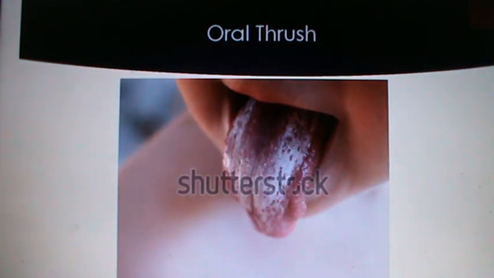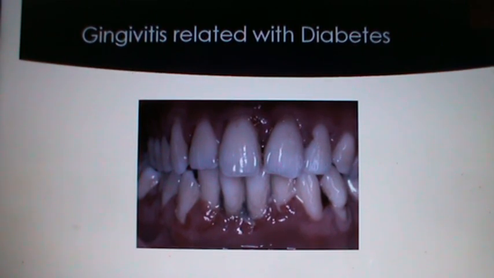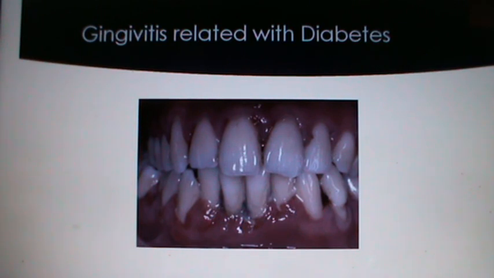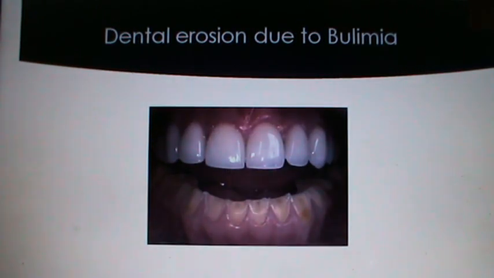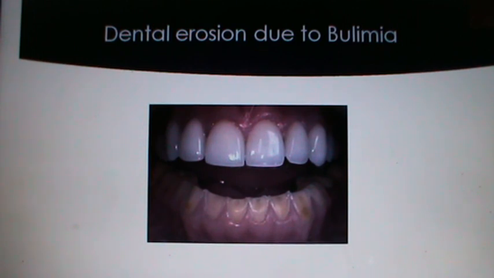Oral thrush is also one of the findings in AIDS patients. Gingivitis is also related to diabetes. If this type of gingivitis is present, then we suspect the patient is suffering from diabetes. Dental erosion is present especially in the mandibular anterior teeth, and this is because of bulimia or constant regurgitation of gastric content containing an acidic solution.